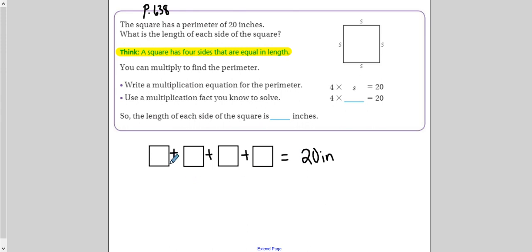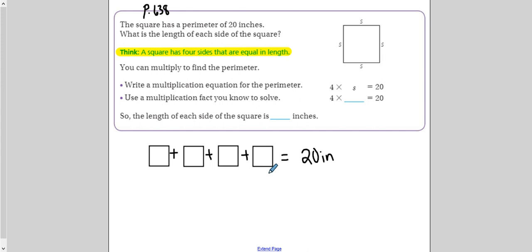Nope, not close. 2 plus 2 plus 2 plus 2 gives us 8. We're getting a little bit closer. 3 plus 3 plus 3 plus 3, 3 and 3 is 6, gives me 12. I'm getting a little bit closer, but I'm starting to get confused now with all these numbers.